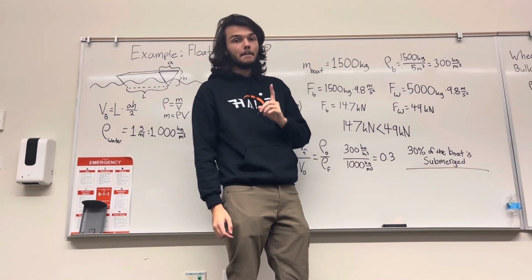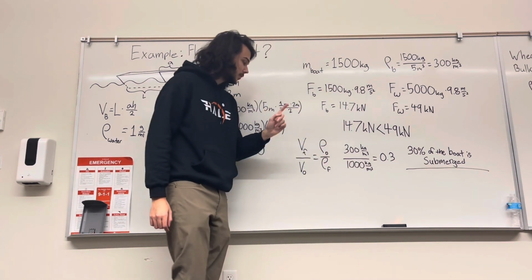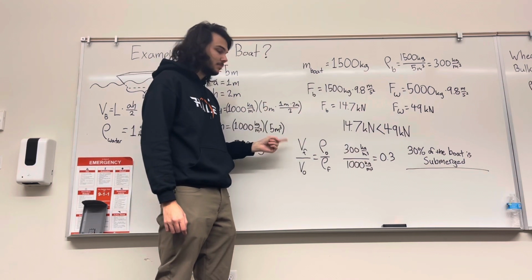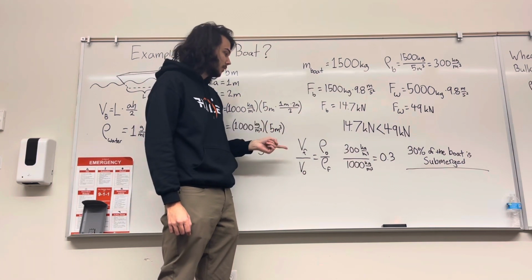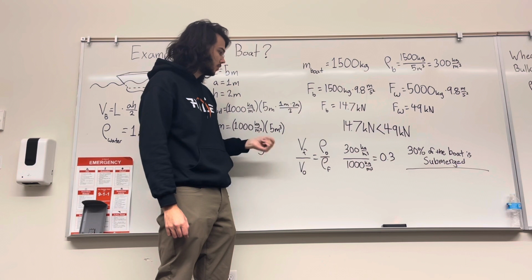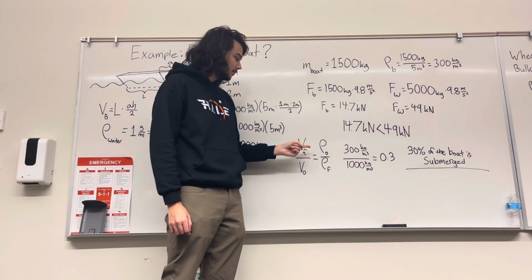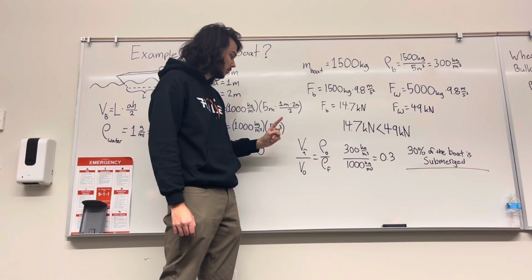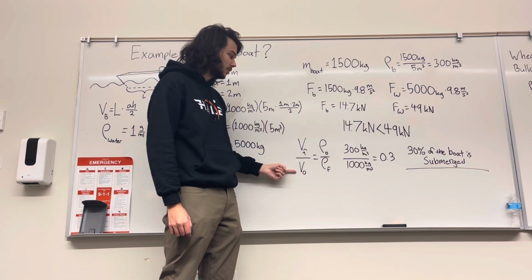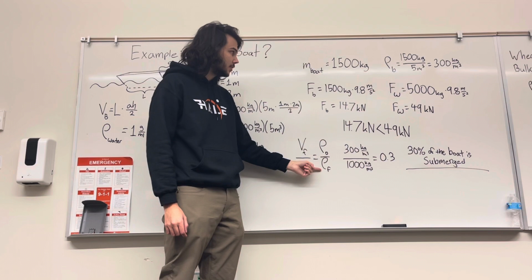If we want to know how much of the boat is floating, we refer to our volume density relation that we had earlier. So we have our volume of the fluid, our volume of the object, density of the object, density of the fluid.